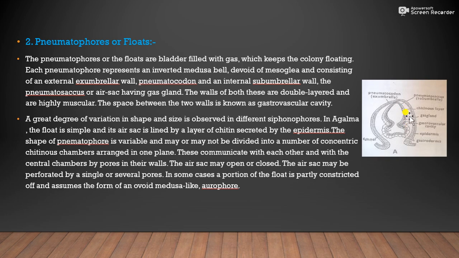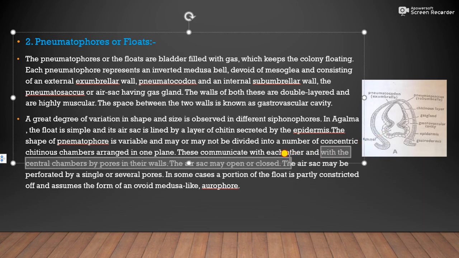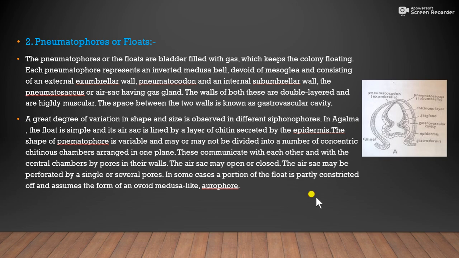A great degree of variation in shape and size is observed in different pneumatophores. In Agalma, the float is simple and its air sac is lined by a layer of chitin secreted by the epidermis. The shape of the pneumatophore is variable. It may or may not be divided into a number of concentric chitinous chambers arranged in one plane, which communicate with each other and with the central chamber by pores in their walls.